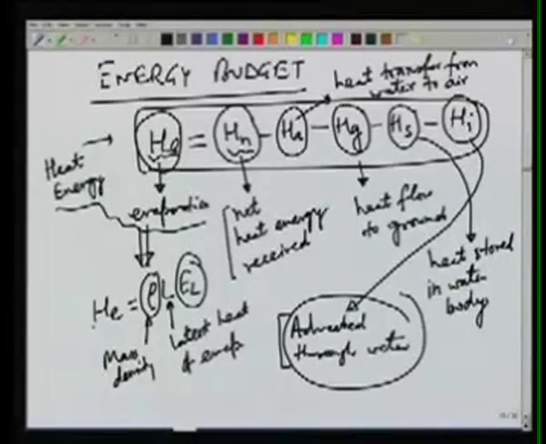So if we know the heat energy used for evaporation, knowing the mass density and the latent heat, we can find out the lake evaporation. So let's look at some other terms and see how we can obtain them.